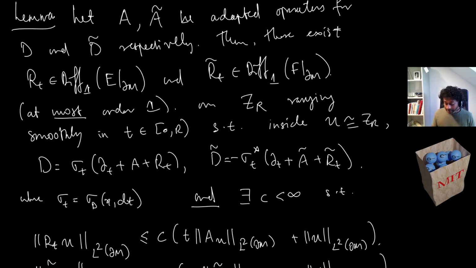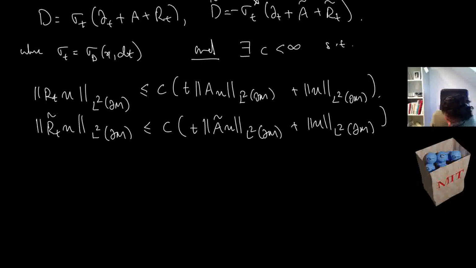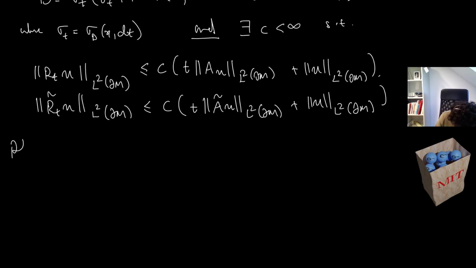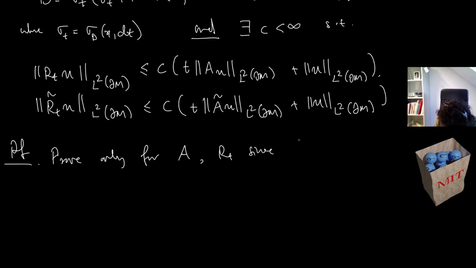It just has to be an adapted operator, so it just has to satisfy the symbol condition that we wrote down before. Okay, so let's consider the proof of this because I think it's instructive. As we have already seen, I'm going to prove this only for A and R_T, since A tilde, R_T tilde is similar.